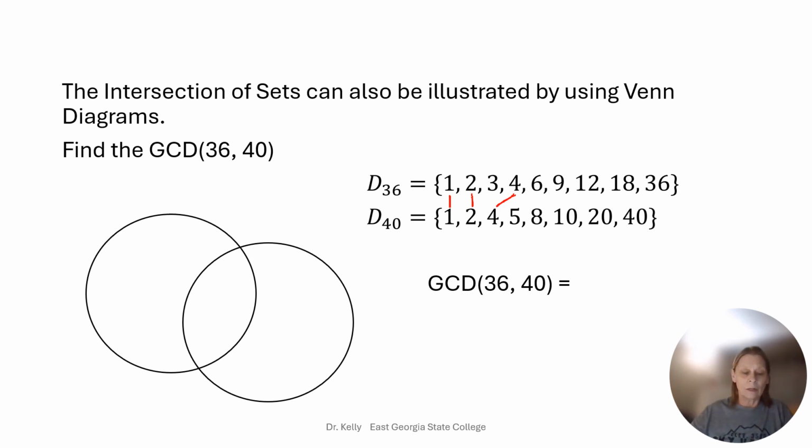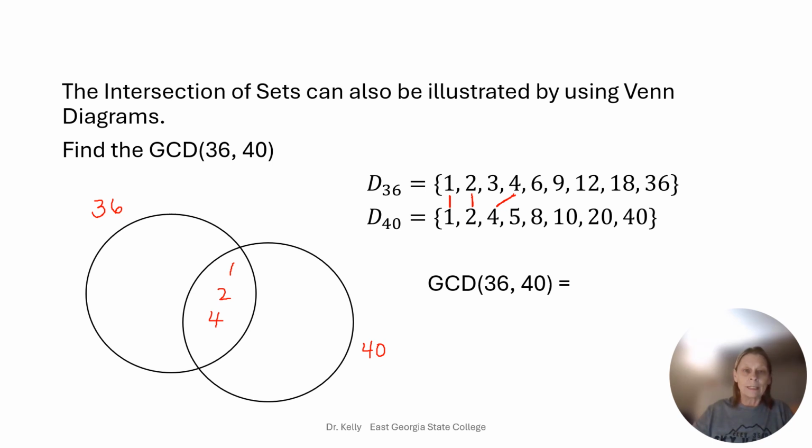Is there anything else? Between 36 and 40 it looks like 1, 2, 4. Nope. Okay, so in the intersection in between the two, we'll make this one 36 and this one 40. And in the intersection, we're going to have 1, 2, and 4.